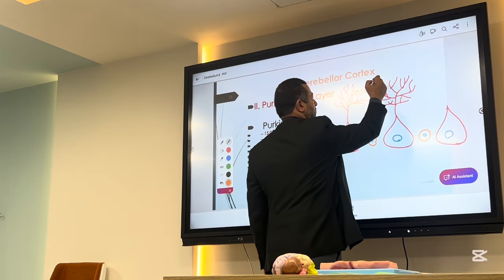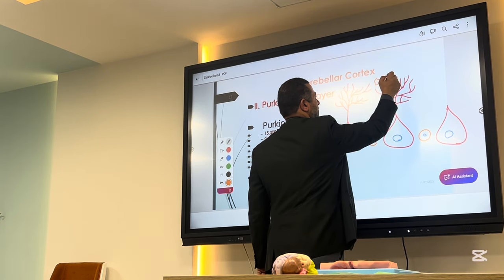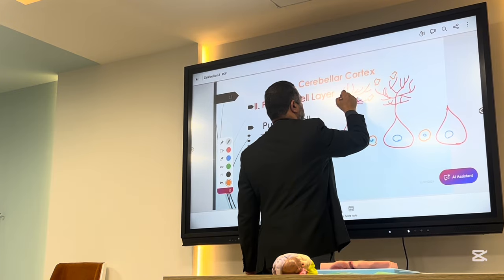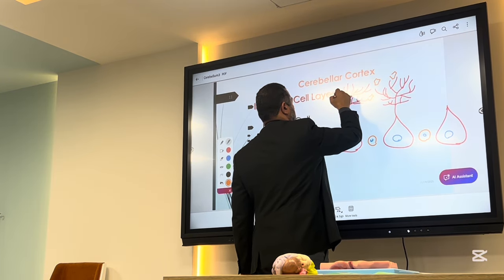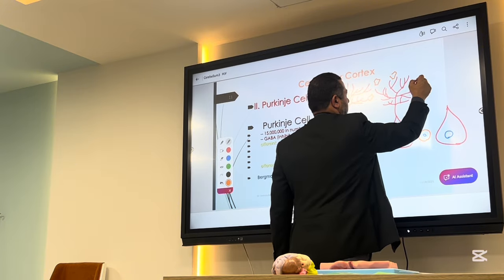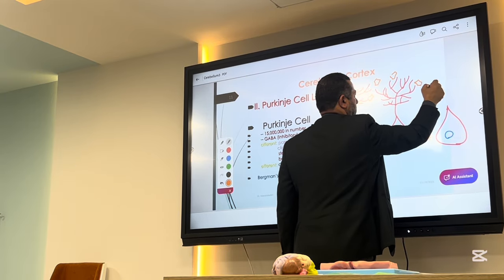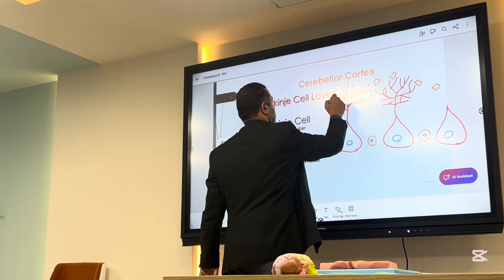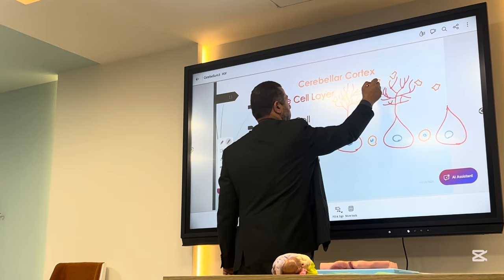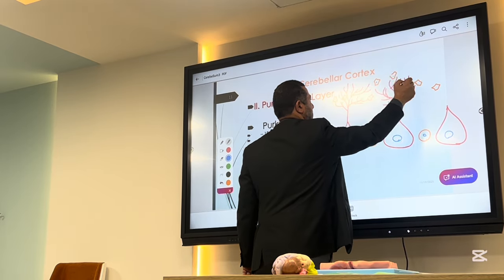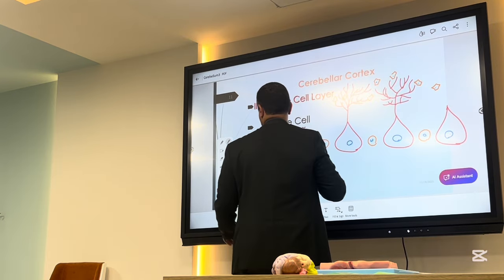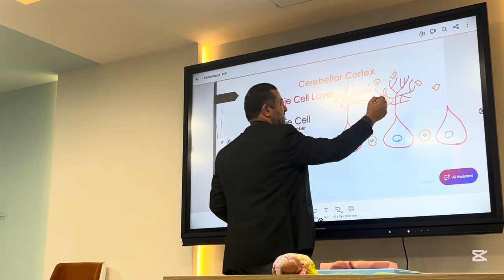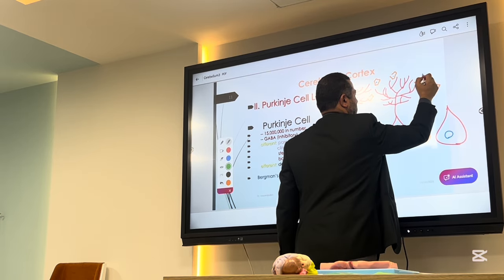Here, stellate cells and basket cells. These are stellate cells, and these cells are, for example, basket cells.